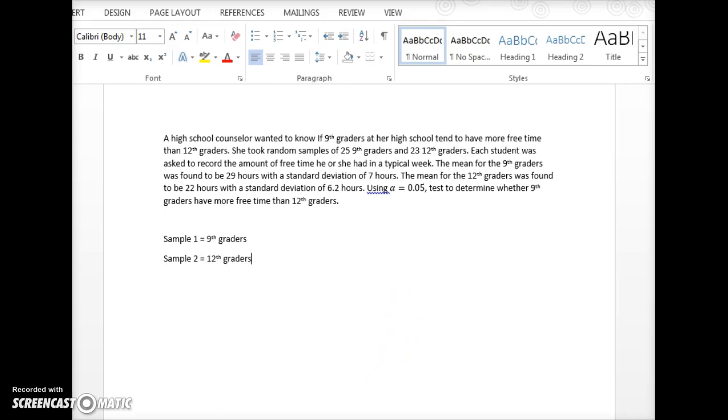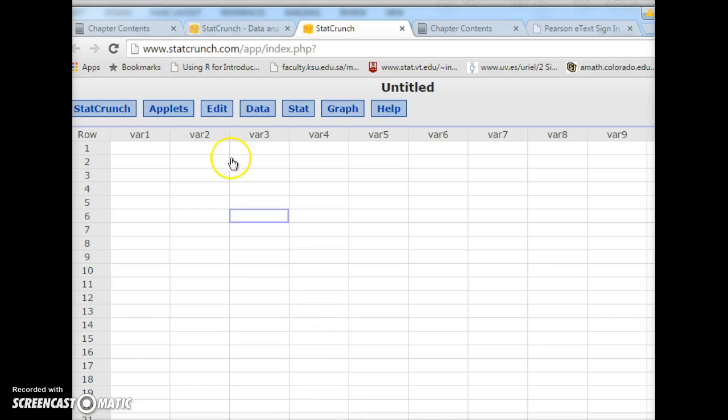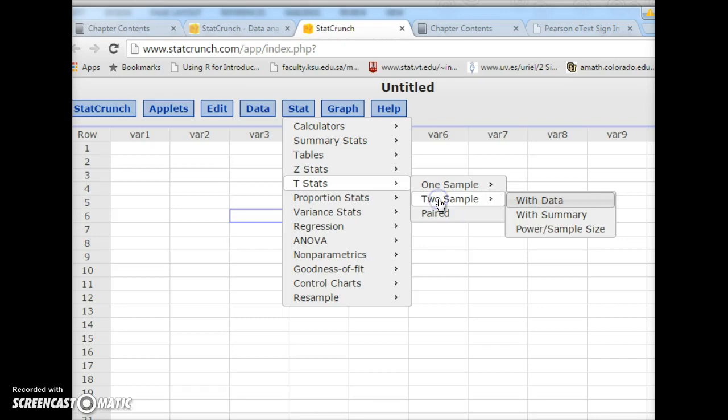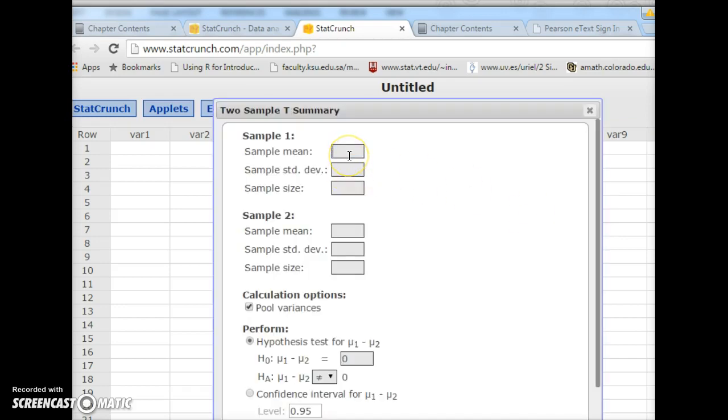Okay, so going over to StatCrunch, we go to Stat, T-Stat, two sample t-test with summary. For our first sample, that's the ninth graders, our sample mean was 29 with a sample standard deviation of 7.